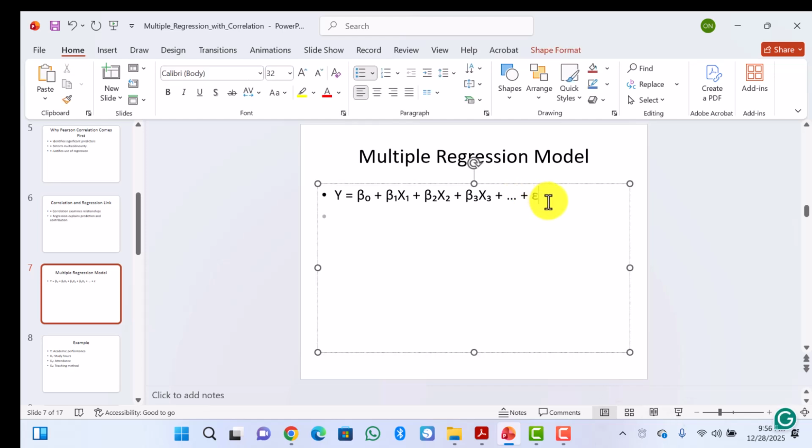So let's say X1 is equal to parents' literacy level.